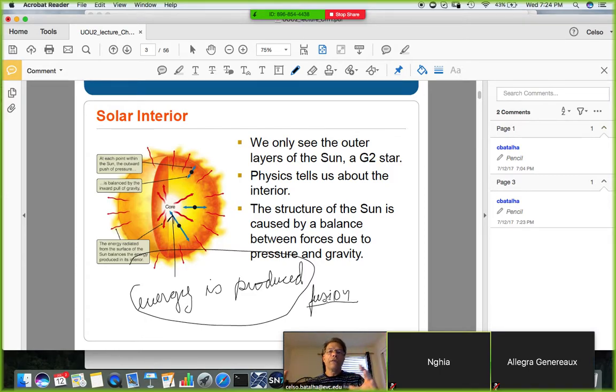In fusion, you fuse the nuclei of lighter atoms, and as a result, the resultant atom is a heavier one. If you calculate the total mass of the resultant atom and the total mass of the atoms that fused to yield that new heavier atom, what you find is the resultant mass is slightly less than the combined mass of the parent atoms.